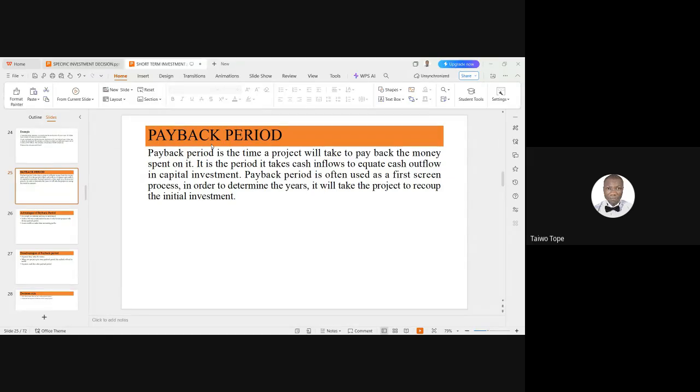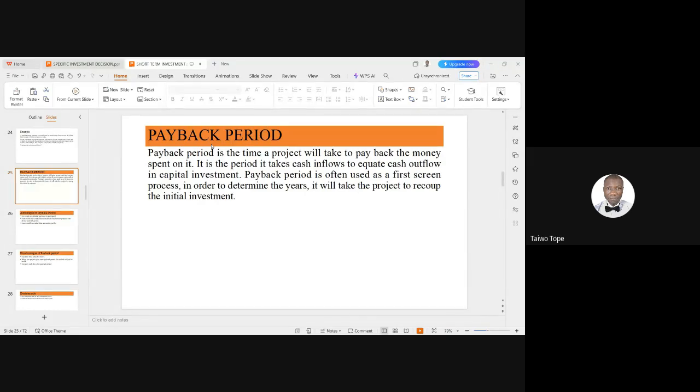The payback period is usually expressed in years. So this period takes cash inflows to equate cash outflow.